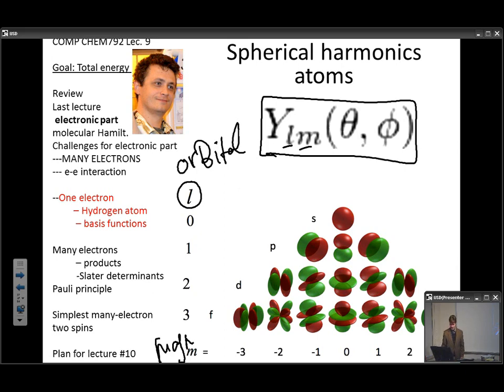And you recognize here the S, P orbitals, right? And if you go higher up, you have the D orbitals and the a little exotic F orbitals, which have the maximal number of nodes and lobes.